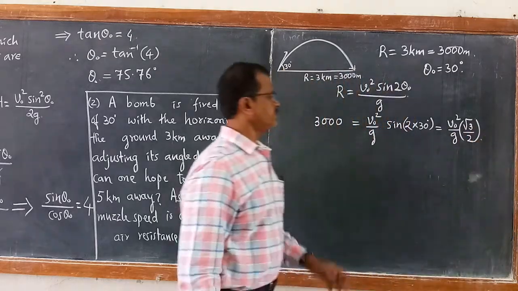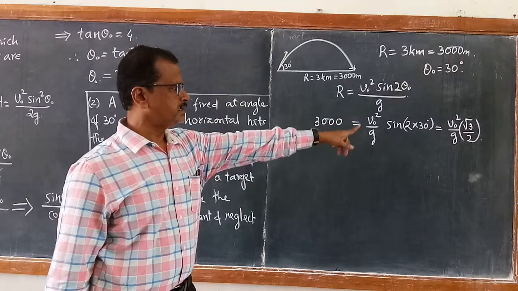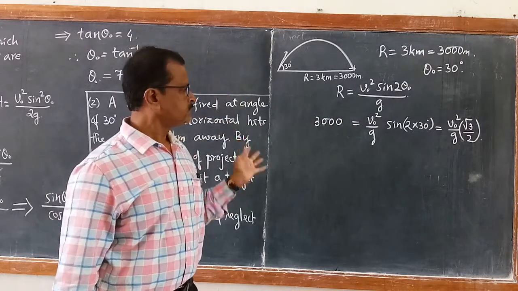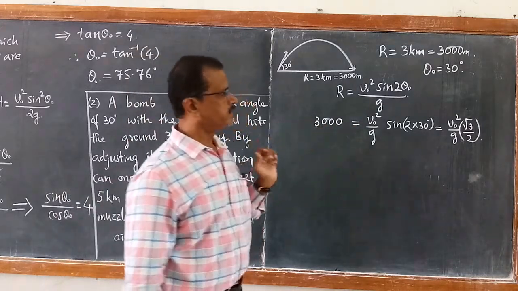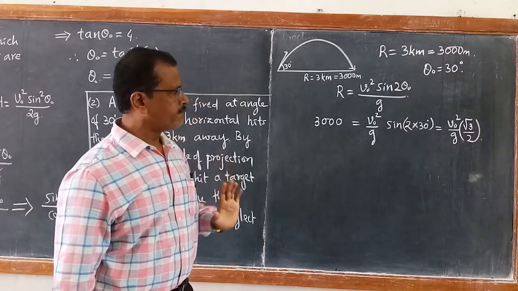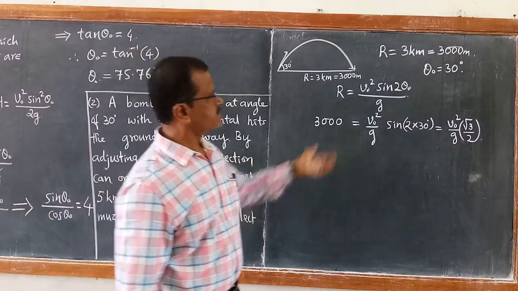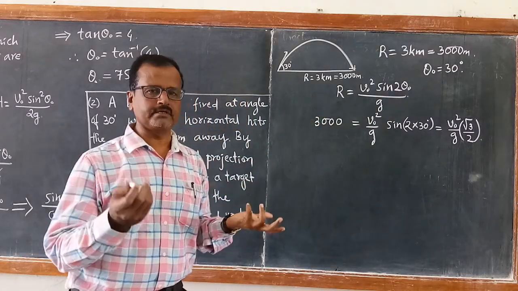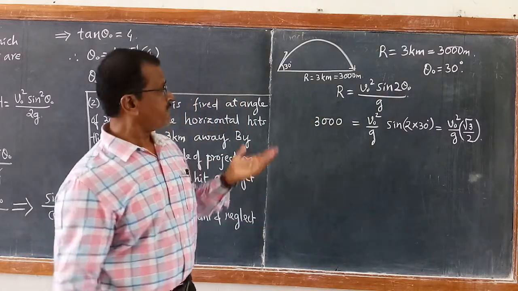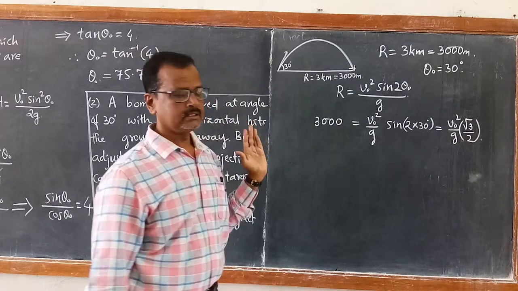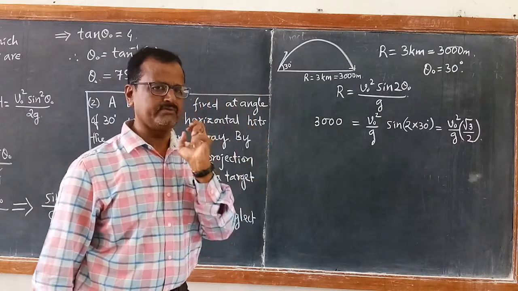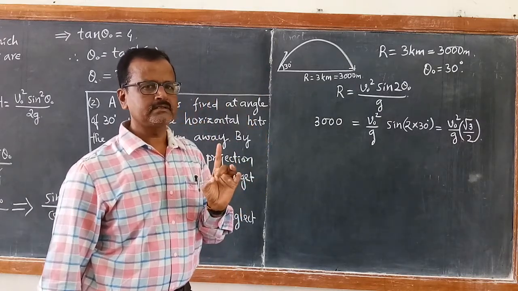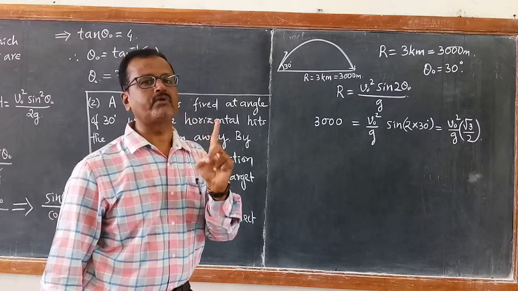So 3000 is V0 square by g into root 3 by 2. Now this is the given condition. Can it be possible by changing this angle of projection to cover a range of 5 km? The maximum possible range for a given initial velocity is when the angle of projection is 45 degree.